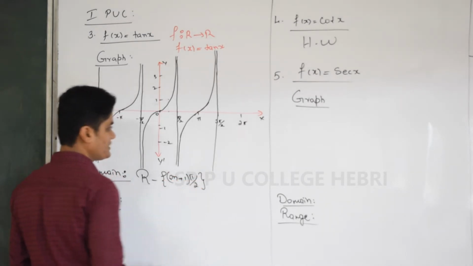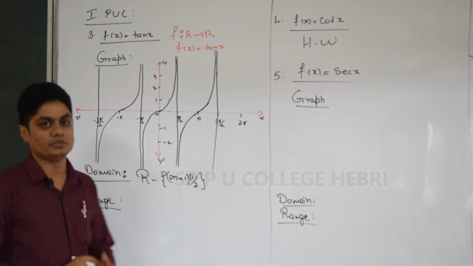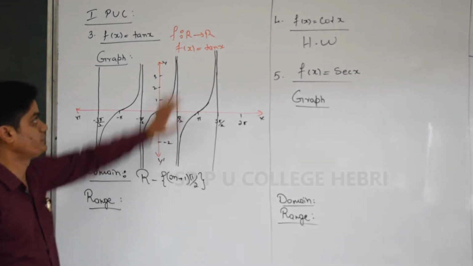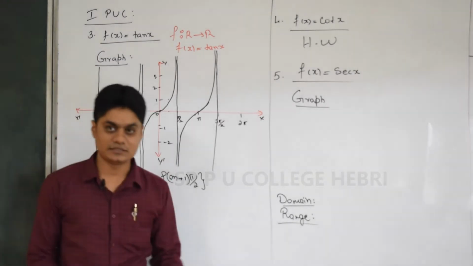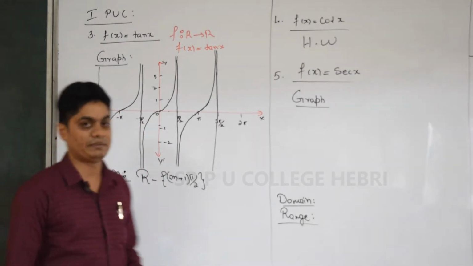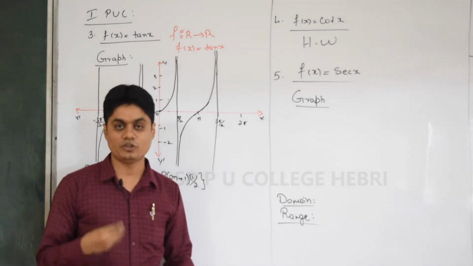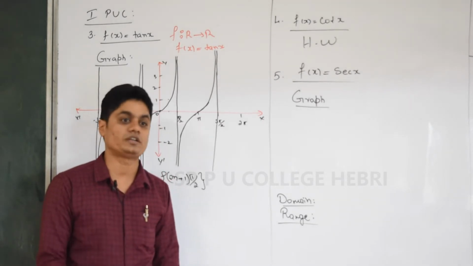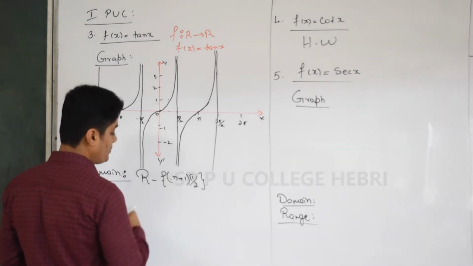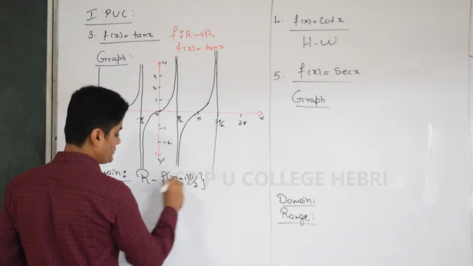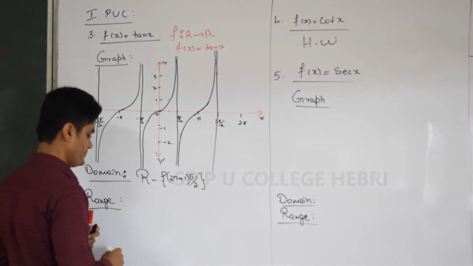The input is not allowed, because if the input is pi by 2, what is the output? Does not exist. If the input is 3 pi by 2, what is the output? Does not exist. If the input is minus 3 pi by 2, what is the output? Does not exist. So when the output does not exist, that input is not allowed. Similarly, you have to remove all the odd multiples of pi by 2. So this is the domain. What is the range?